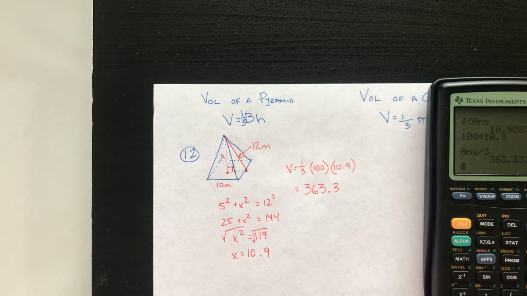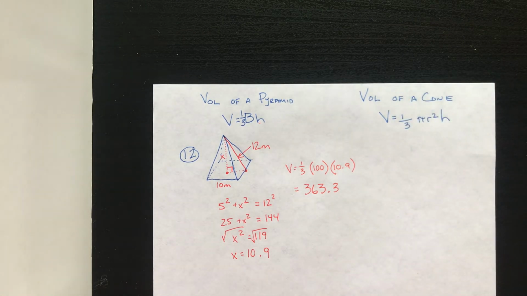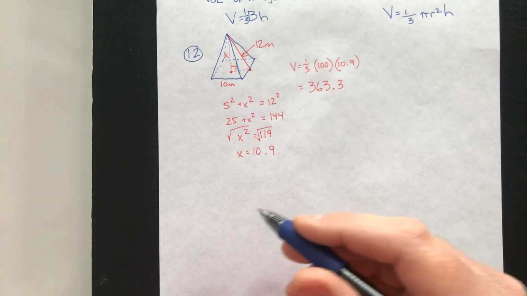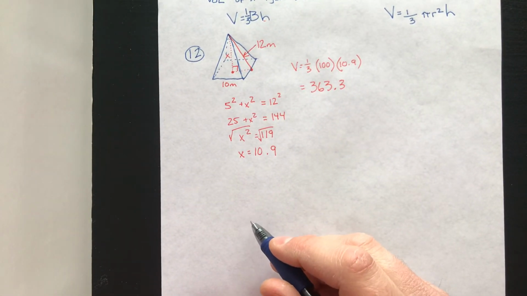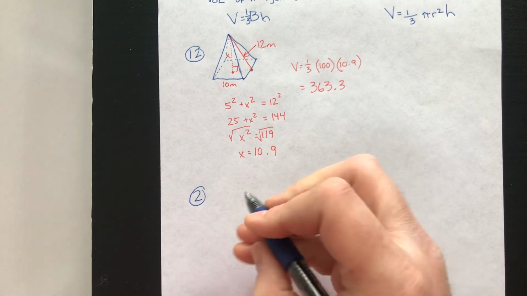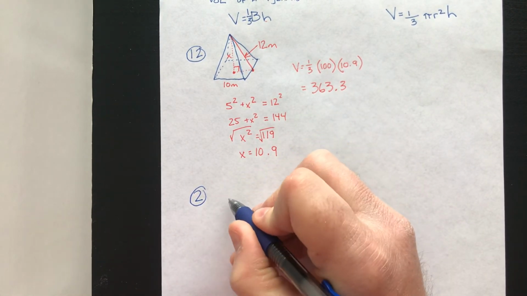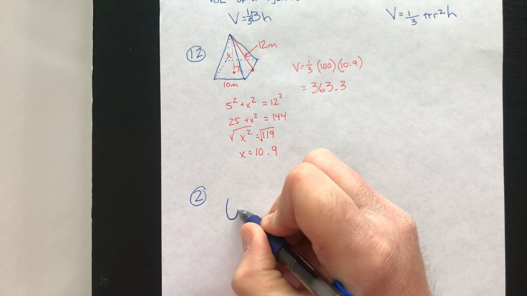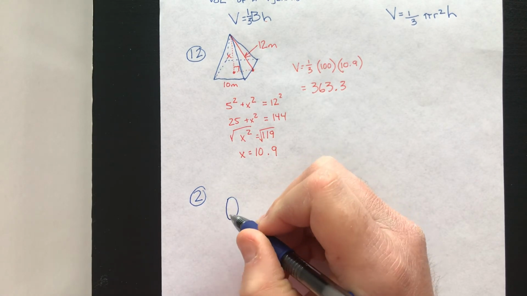And now, if we're doing a cone, I'm just going to do the simple cone that they give us, number 2 on your page 729. They give us this cone, and it's laying down on its side, which is okay.